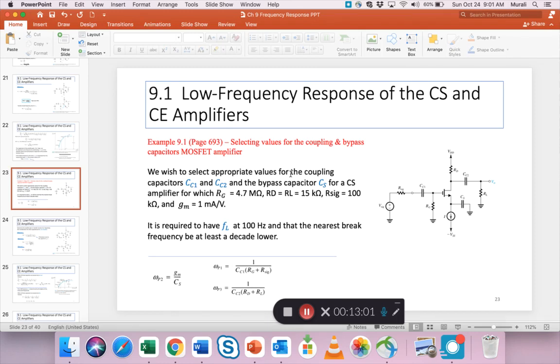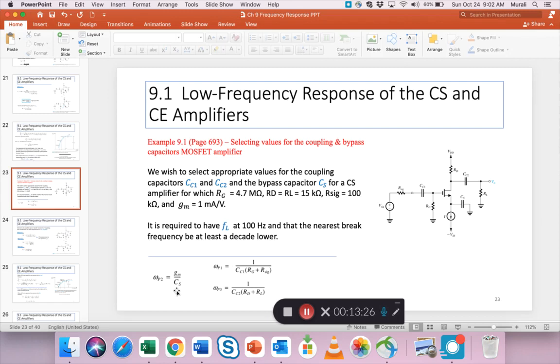And yeah, with the rules, if you need 100 Hertz, the 100 is decided mostly by, like I said, CS, but the rule is also that the other two have to be much lower.